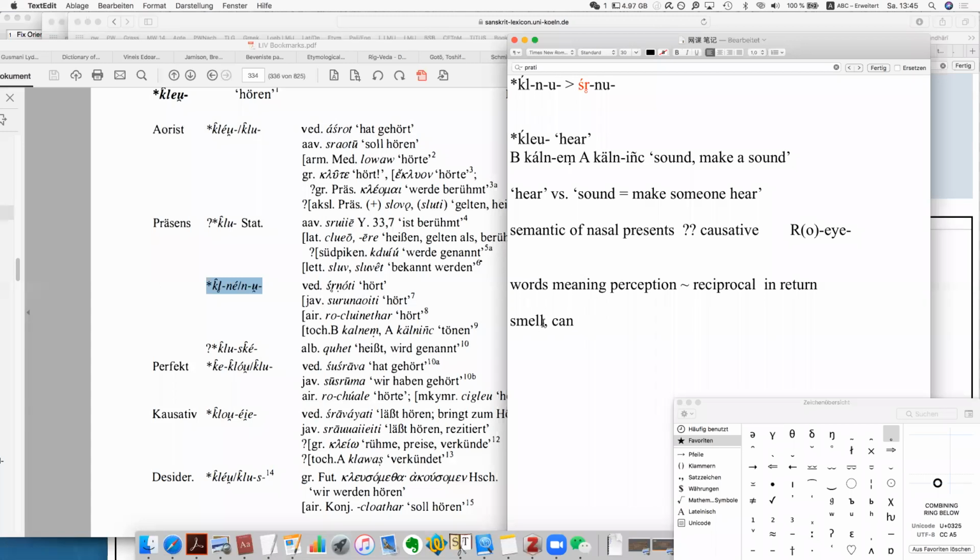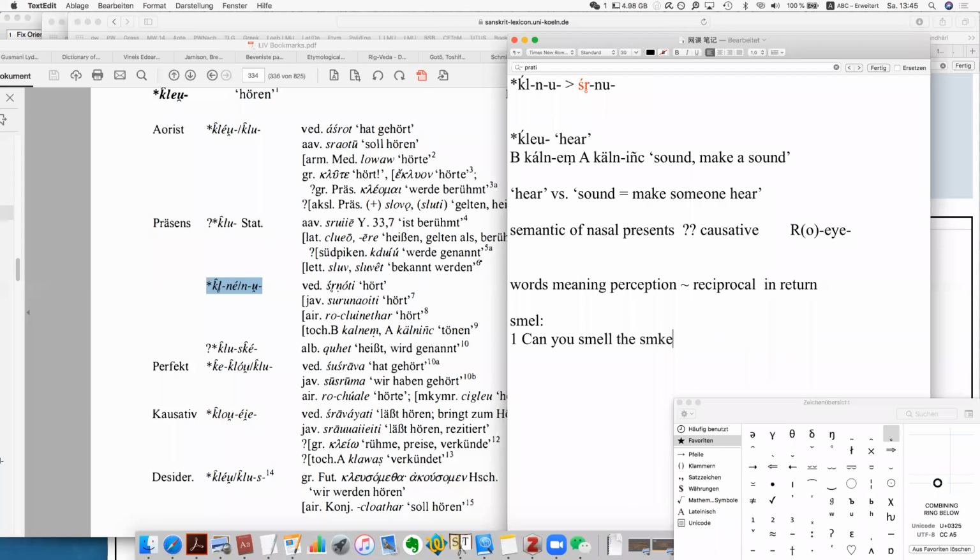First check this example, smell, and then you can understand this sentence. Words meaning perception really can be reciprocal or kind of in return. So smell, let's build two sentences. Can you smell the smoke?